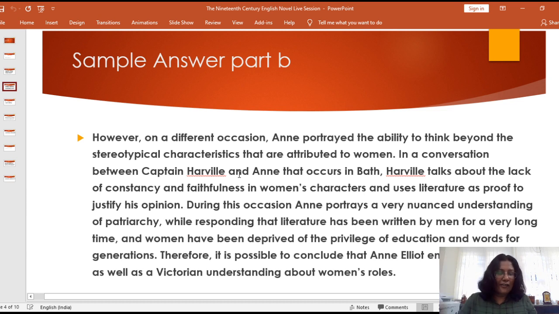So when Captain Harville puts down women and says that they are not very faithful, Anne says, of course we are faithful, but our faithfulness doesn't come through literature, and the main reason for that is all literature has been written by men. So how is it possible for that quality of women, the faithful quality of women, to come through, to surface in literature? So you can see very clearly and very powerfully the student responds adequately to the question.